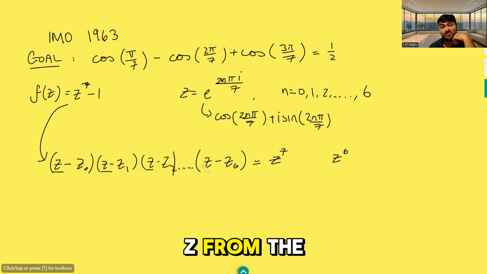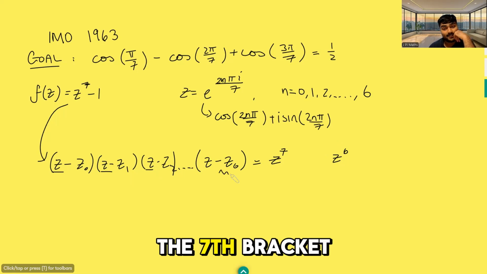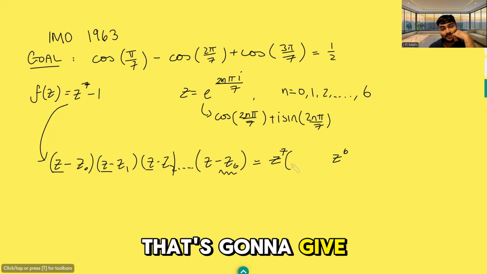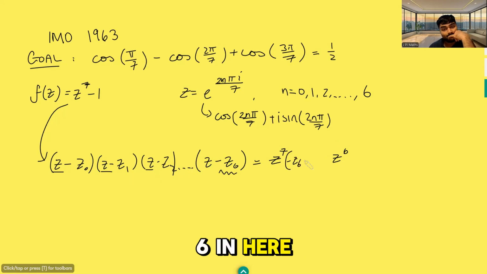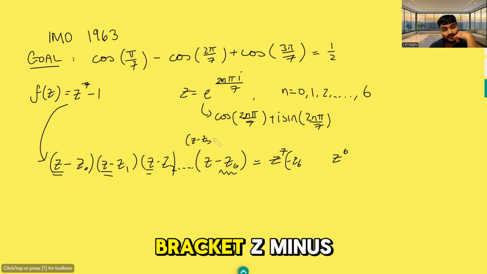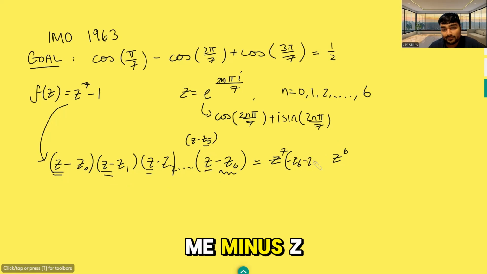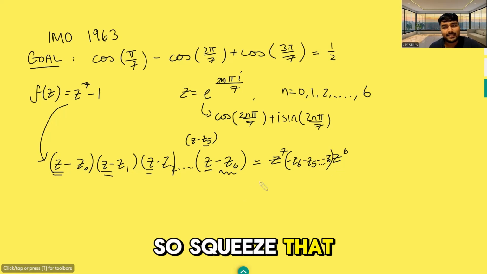If I choose z from the first 6 brackets and from the 7th bracket I choose minus z6, that gives me minus z6. If I choose z from all but the penultimate bracket, z minus z5, and there I choose the z5, that gives me minus z5. And so on, you can see I'm going to get minus all of these z's all the way up to minus z0.